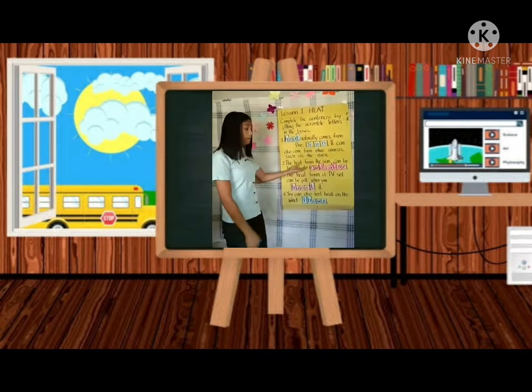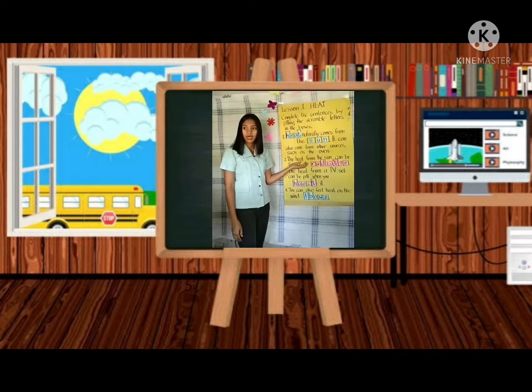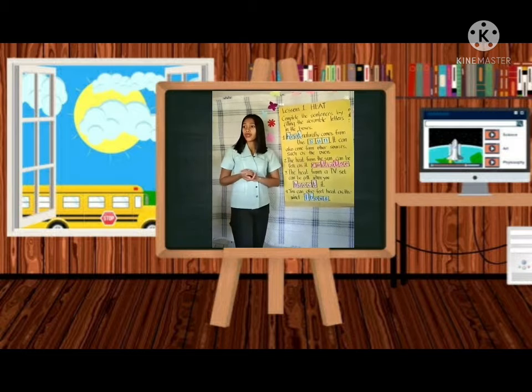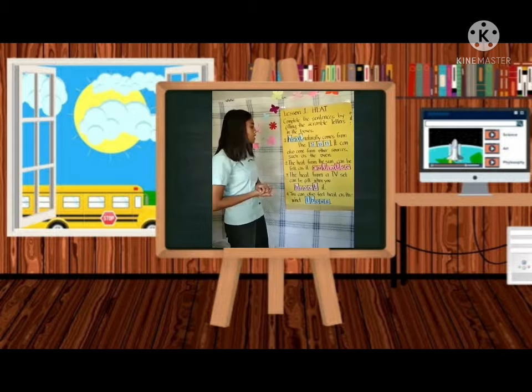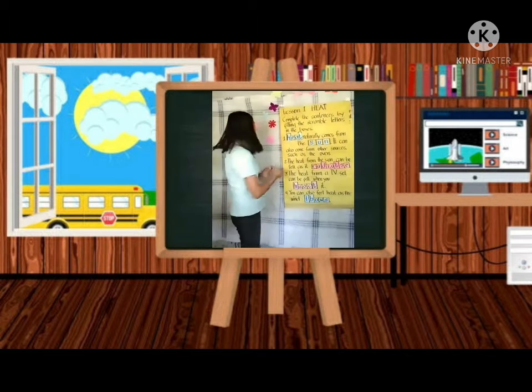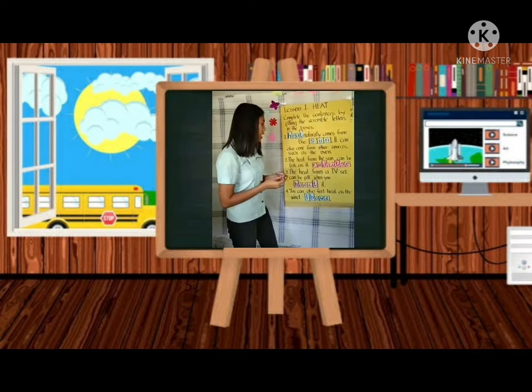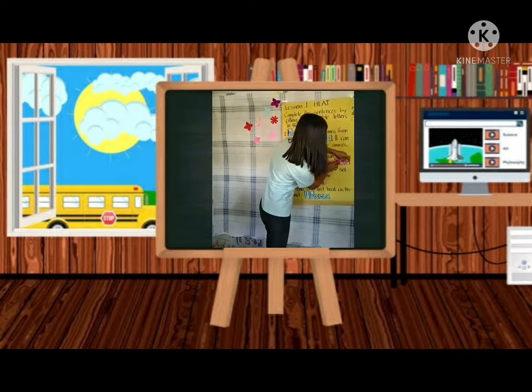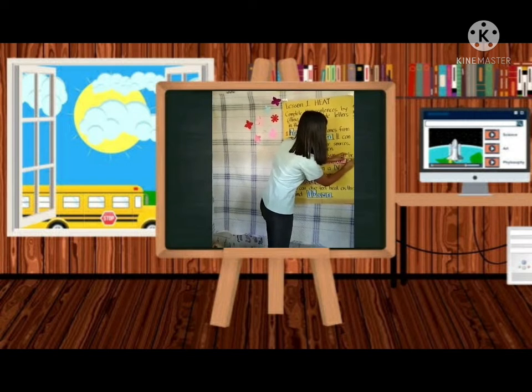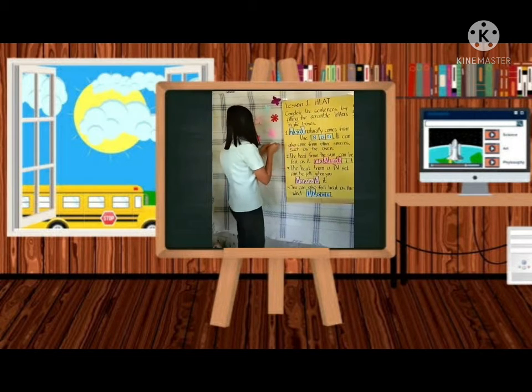So, is this a complete sentence? Yes, Ayon. Okay, very good. This is not a complete sentence, but we could always change the letter S into the letter A so that the sentence would be already complete.